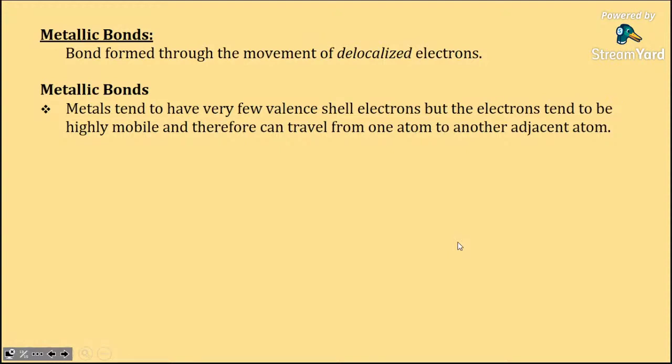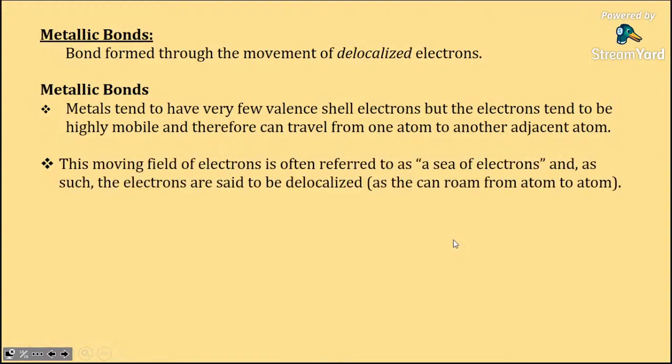That's why it's easier for them to lose electrons to achieve valency than it is for them to gain electrons. But because they have so few valence shell electrons, those electrons tend to be highly mobile. And because they're highly mobile, when I've got these atoms sitting next to each other, they can easily travel from one atom to other adjacent atoms.